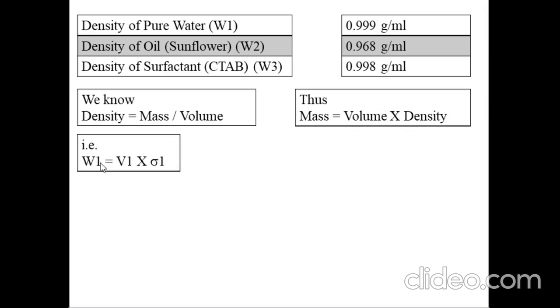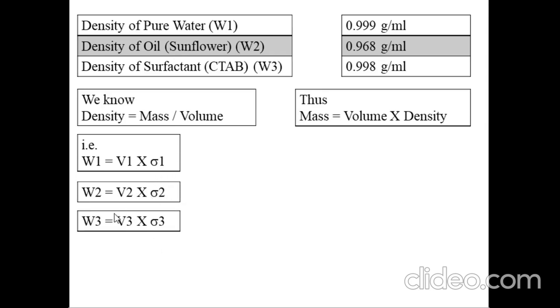I said W1 is equal to, that means for the pure water, what is the volume of the water and what is the density of the water. For W2, it is representing sunflower oil. What is the volume of the oil consumed? What is the density of the oil? And for W3, what is the volume of the surfactant consumed and what is the density of the surfactant?